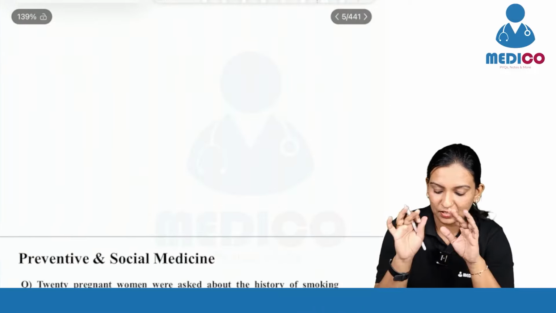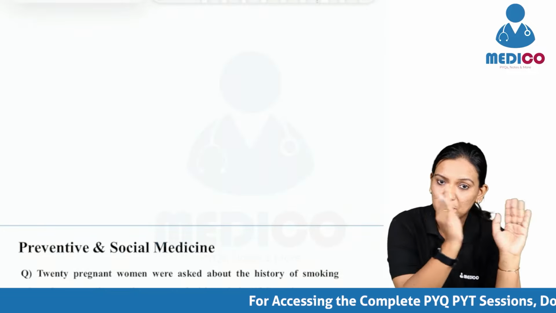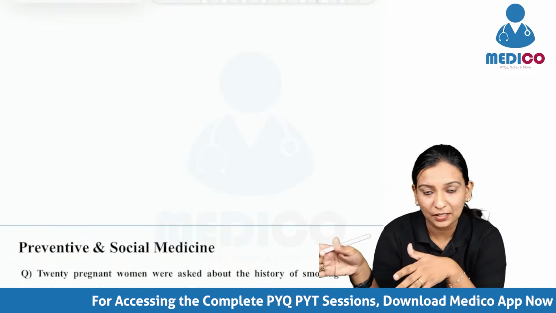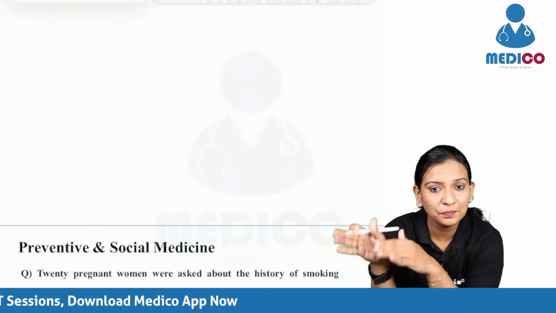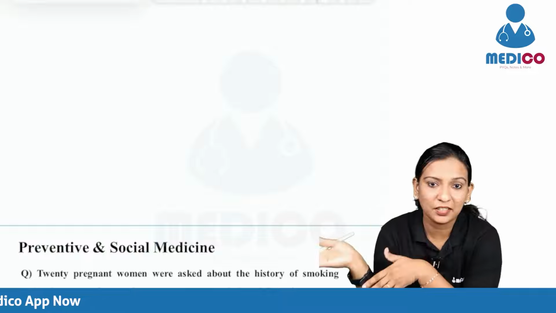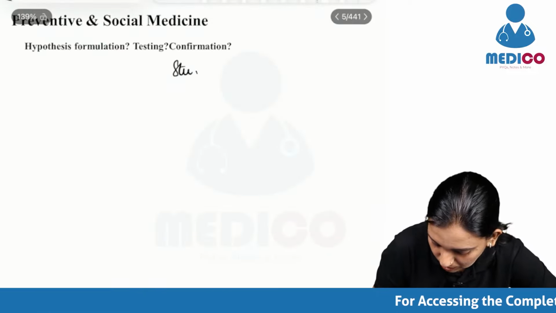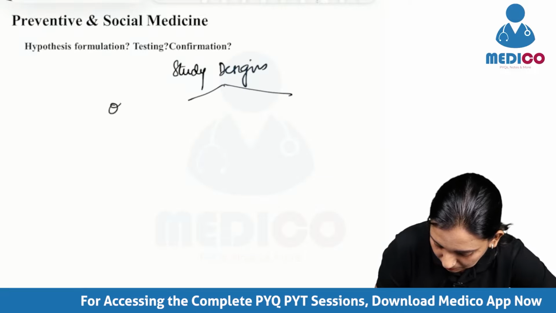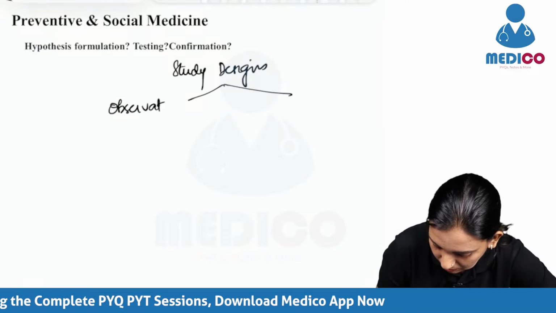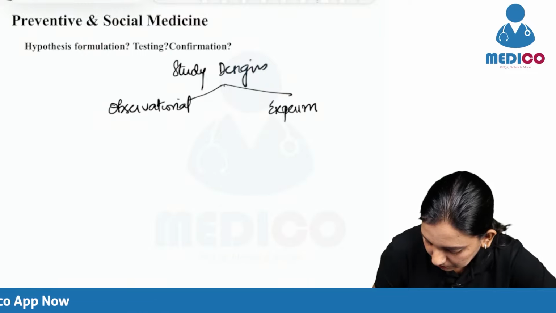So now we'll just revise the study designs. How do you classify study designs? You have observational, you have experimental, right? Under observational, again, you have descriptive, analytical. Under experimental, you have randomized control trials and non-randomized. We'll just write it down. So your study designs, you classify them as observational and experimental.